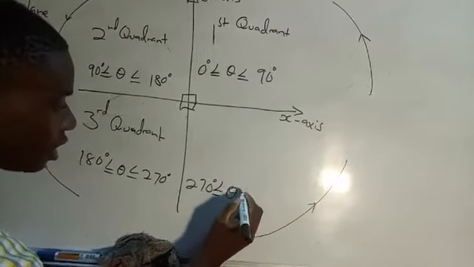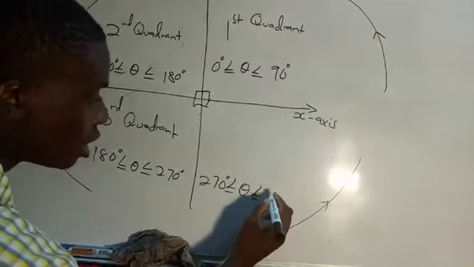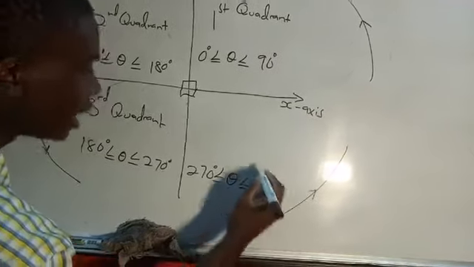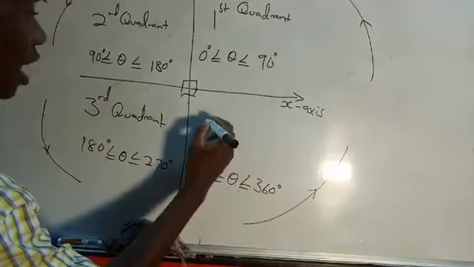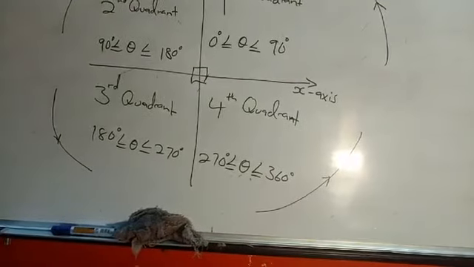With 270 degrees less than or equal to theta and less than or equal to 360 degrees, this becoming the fourth quadrant.